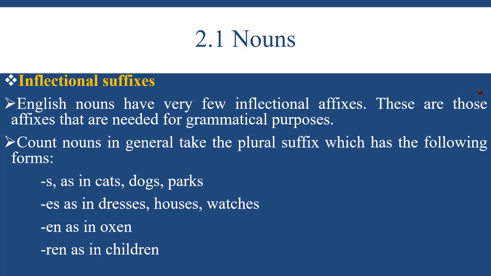This inflectional suffix helps us to determine whether cats is a noun or a verb. So s is for plural nouns. Es, as in dresses, houses, watches. Es also is an inflectional affix used for nouns. En, as in oxen, it's a noun. En, as in children. So these are noun suffixes.